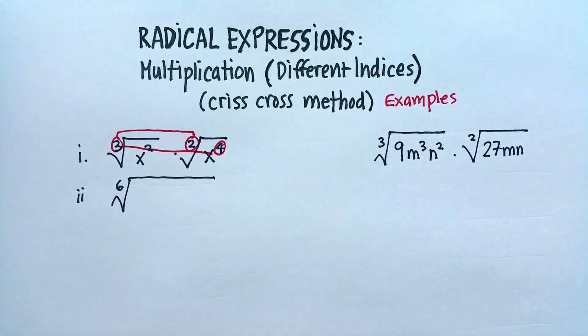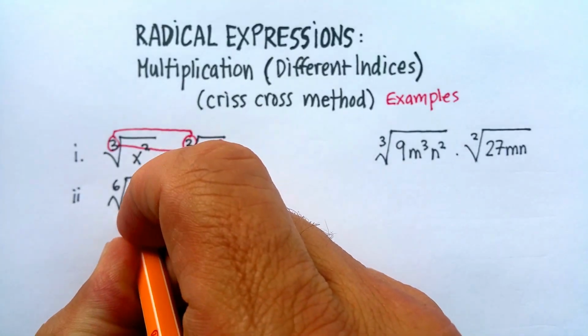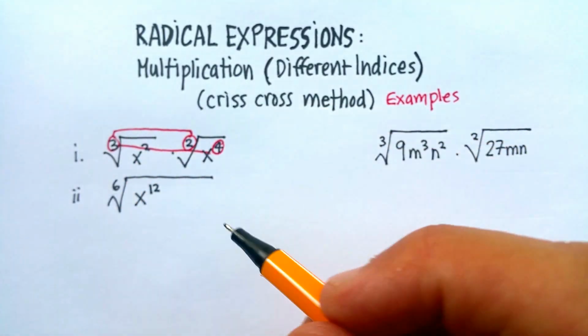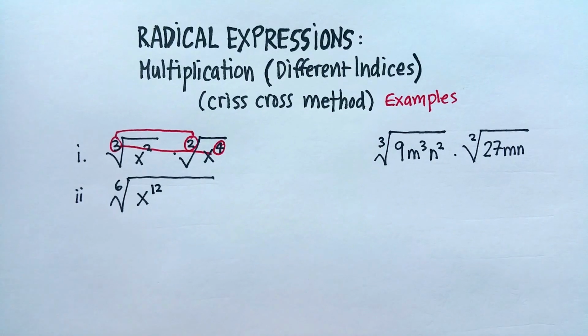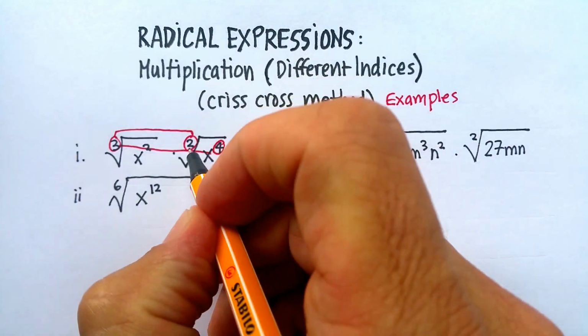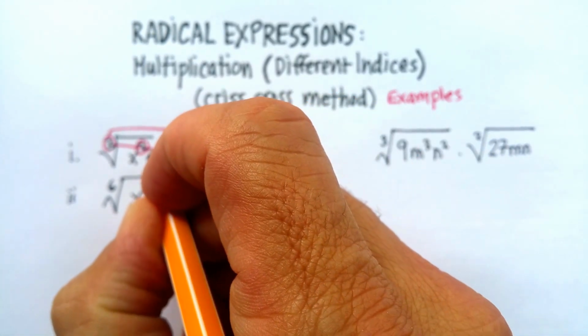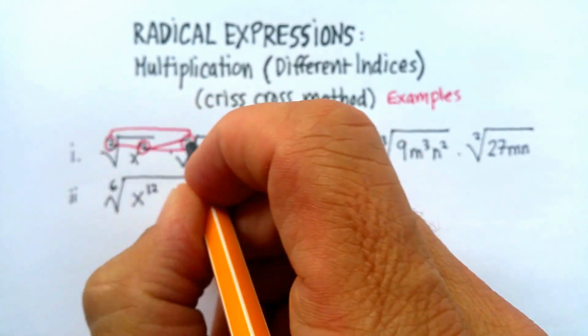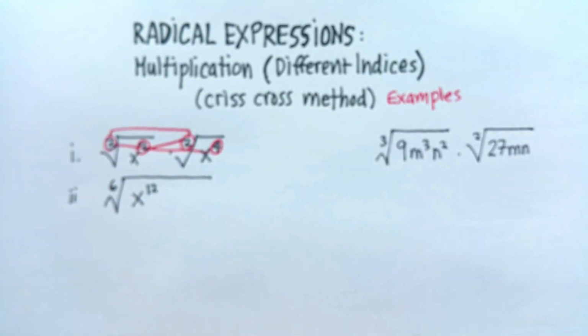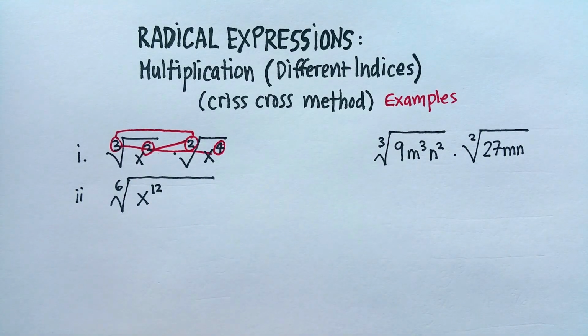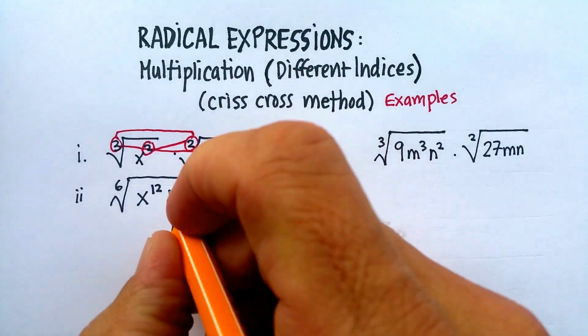That gives me x to the 12th. I'm going to do the same thing with the opposite ones. I'm going to take this index of 2 and multiply it by this exponent here. So it kind of looks like this little triangle, doesn't it? And that's going to end up with x to the 4th.